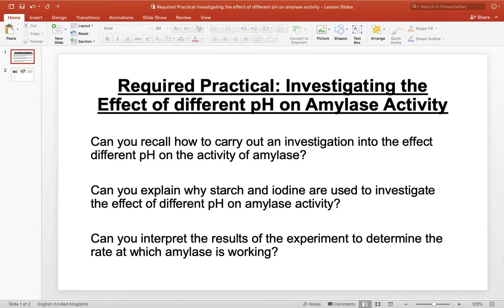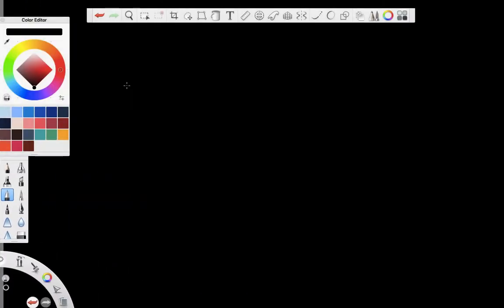So in previous lessons we've spoken about enzymes, okay? And an enzyme, just to refresh your memory, that's E-N-Z-Y-M-E. An enzyme is defined as a biological catalyst.